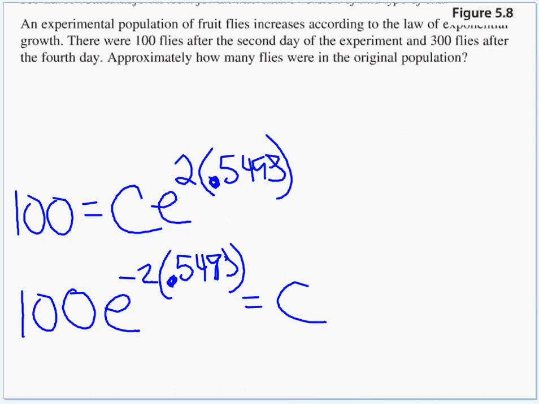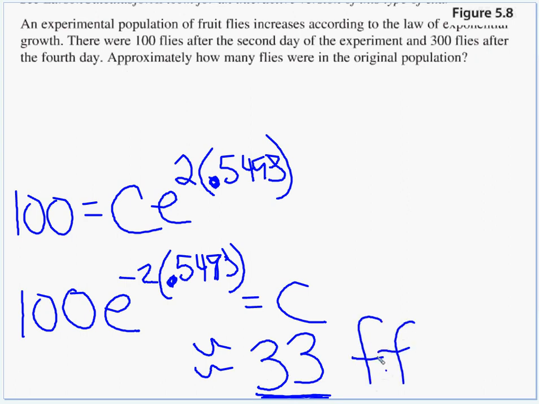And you just punch that in your calculator, and you get approximately 33. Remember, we're talking fruit flies, I can't remember what the exact decimal is, but since we're talking about bugs, we round it to the nearest whole bug. Approximately 33 fruit flies.